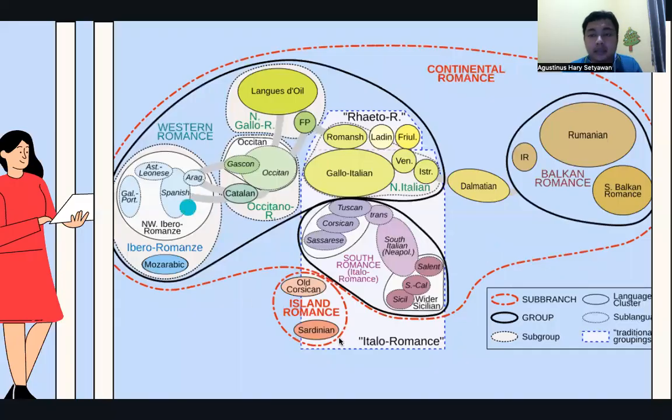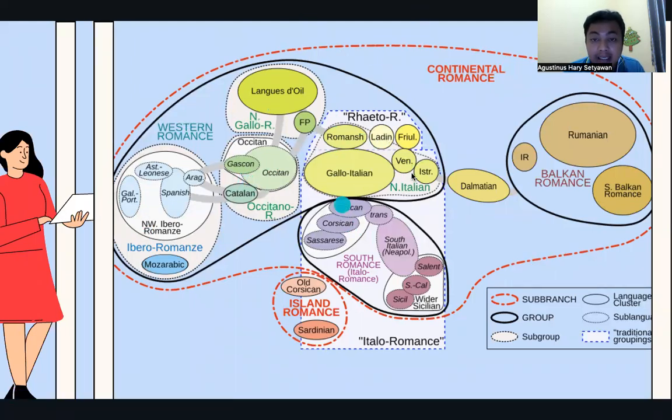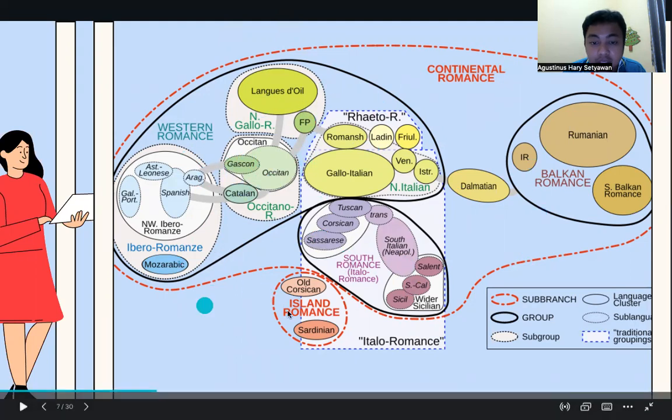Then we take one sample related to the continental Romance languages, and put it on the slide for mutual intelligibility. We have the mutual intelligibility from Western Romance to Anglo. We have a kind of mapping here that shows the mutual intelligibility.